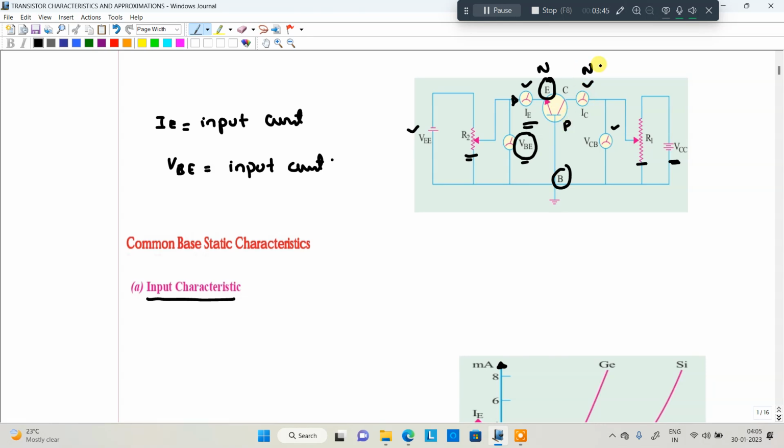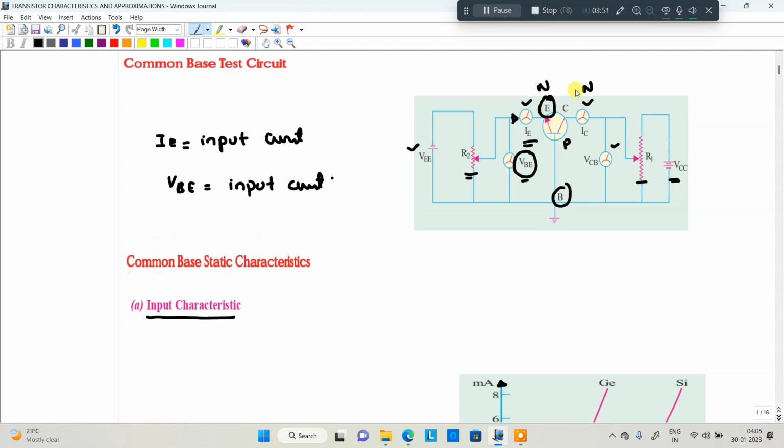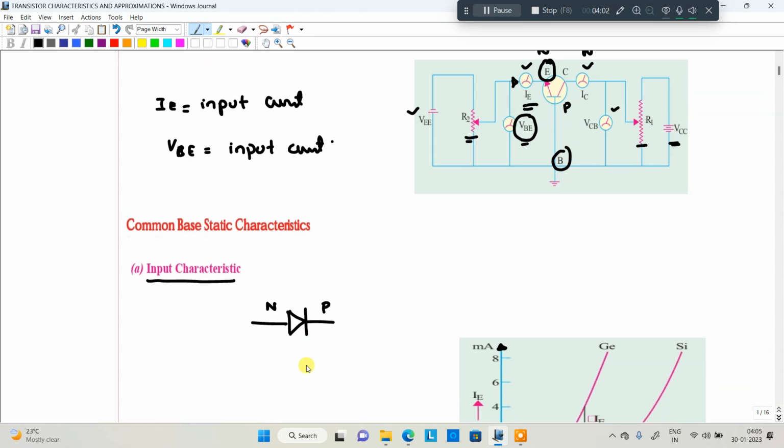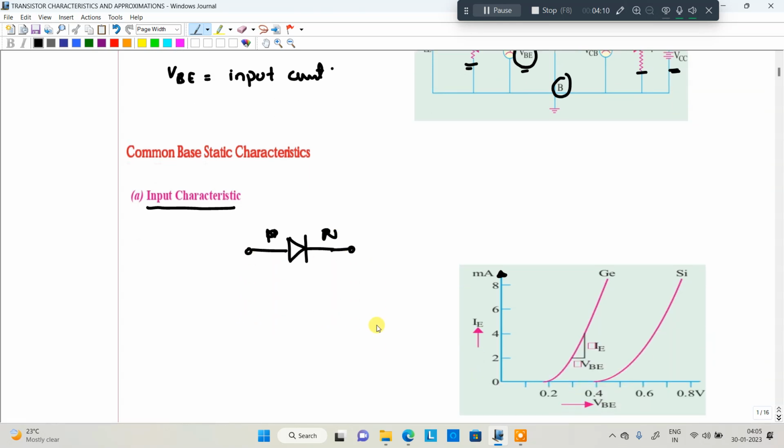For the input we consider only one junction, which acts like a diode. So the characteristics also look like a diode, because you have considered the input voltage.